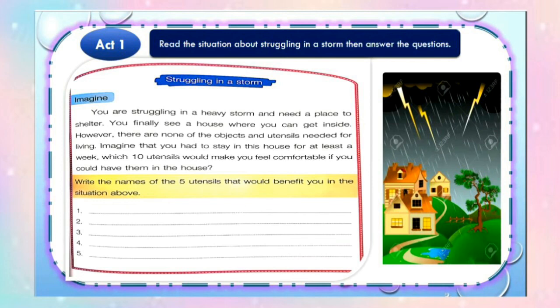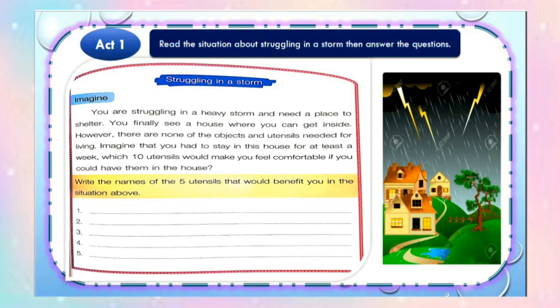Imagine that you had to stay in this house for at least a week. Which 10 utensils would make you feel comfortable if you could have them in the house? So write the names of the 5 utensils that would benefit you in the situation above. I want you to write at least 5 things that are very important for you to survive here, okay?